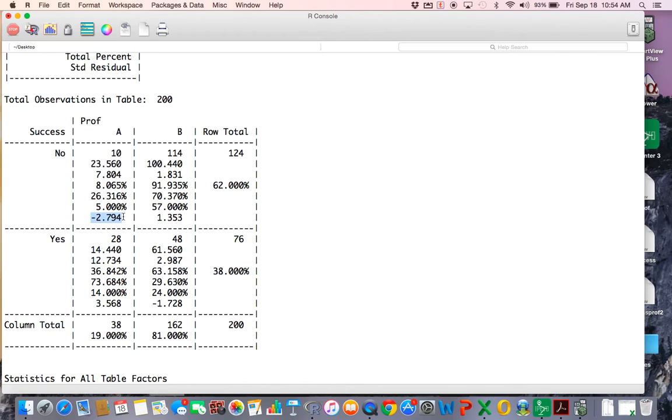So what I tend to look at here is that any standardized residual between -2 and +2, I don't find that interesting. It's the ones above +2 and the ones below -2 that I tend to focus on.